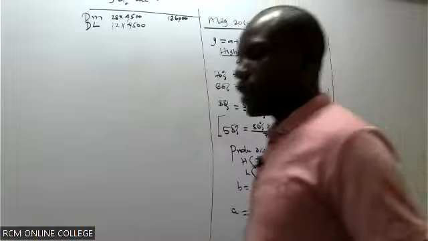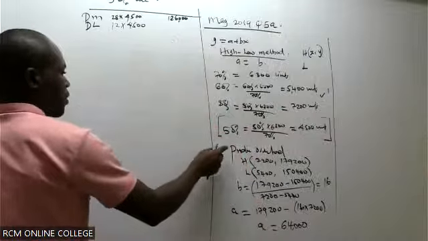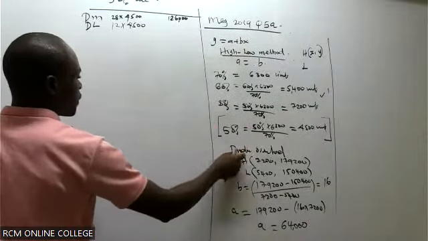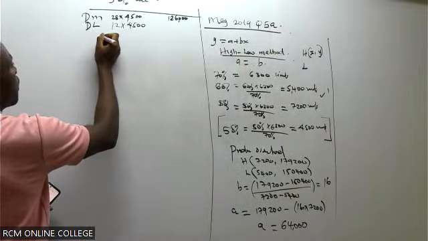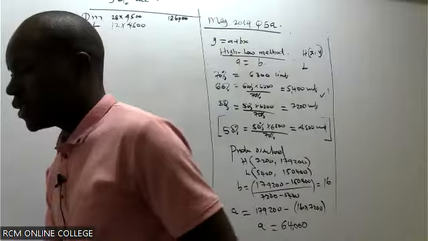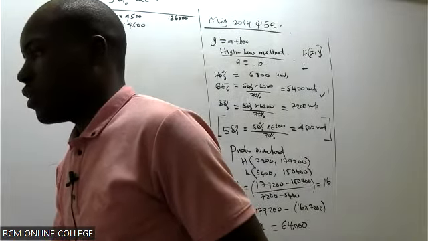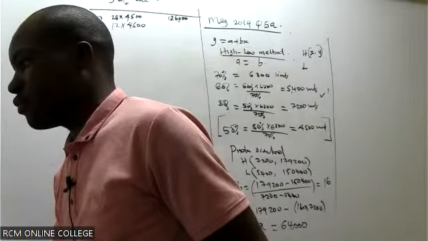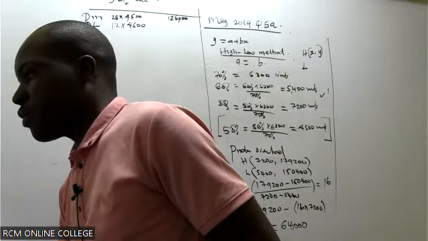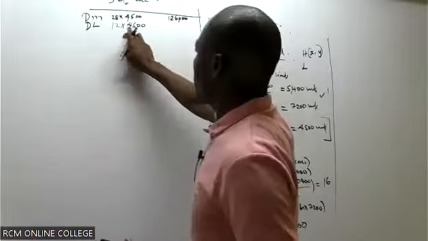So that 64,000 is the fixed production overhead. But now we have direct material. Here I was told how much? Was it 64? The other one, what did people get when you multiplied 12 by 4,500?